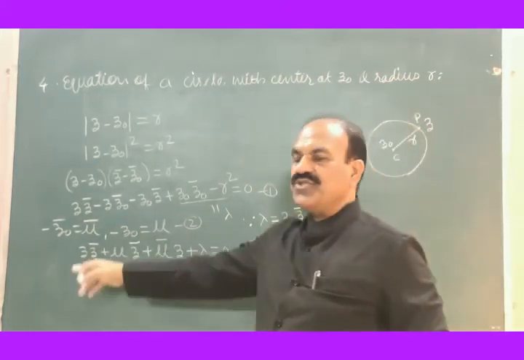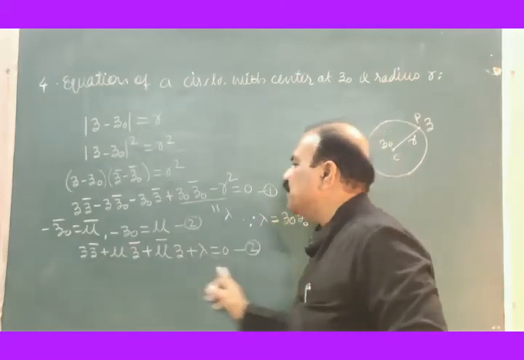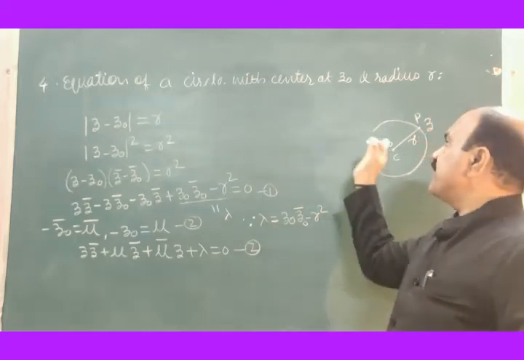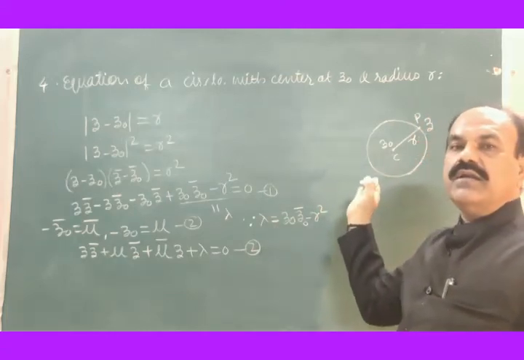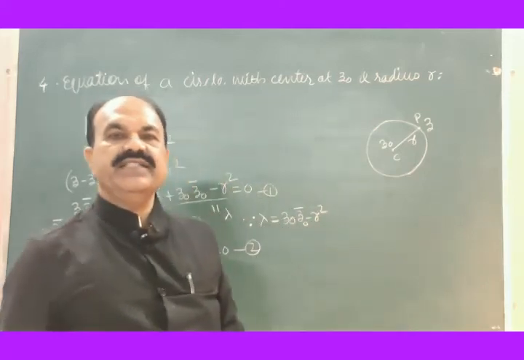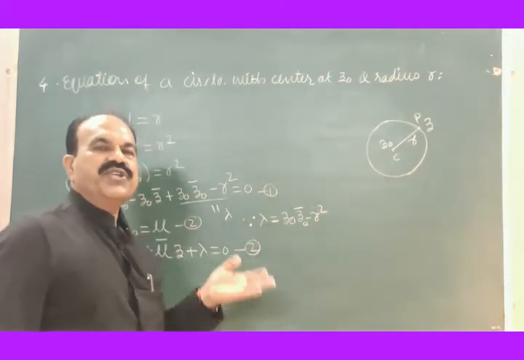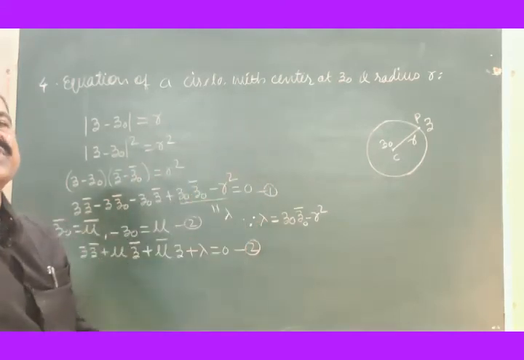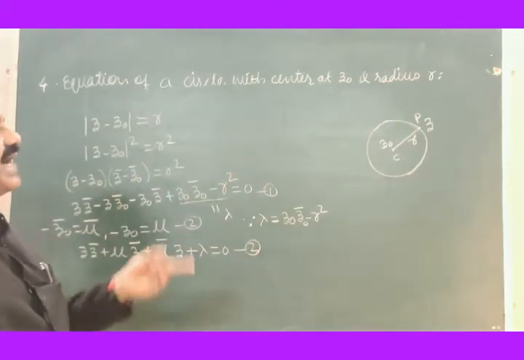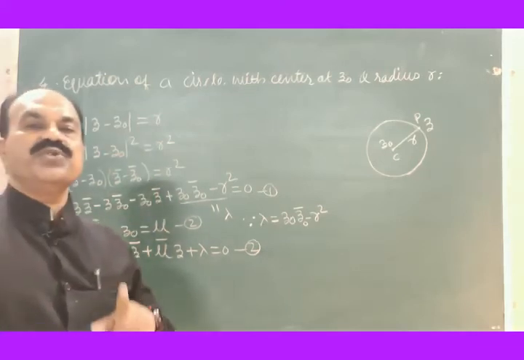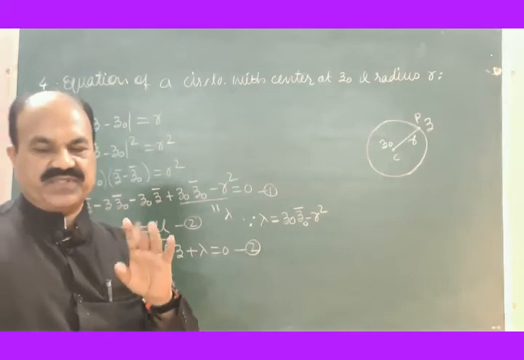With these substitutions in equation 1 we get equation 2, and equation 2 is the equation of the circle which has center z0 and radius r. This is the fourth point of geometry of complex numbers.